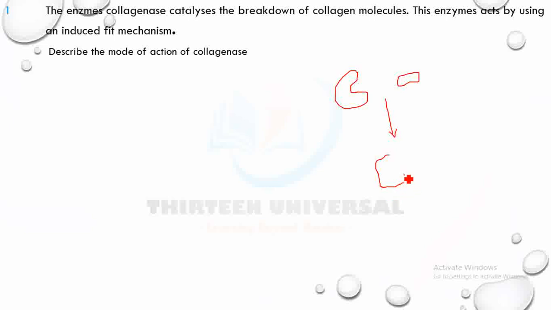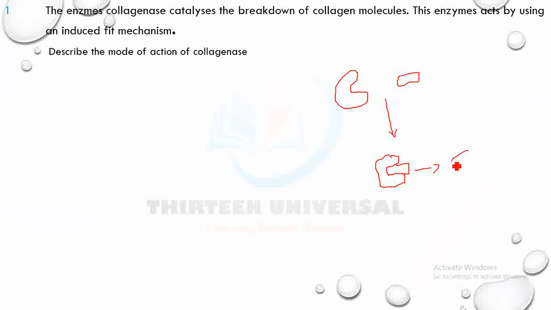So the enzyme active site molds around the substrate to allow it to fit in perfectly. So you see, it moves around the substrate. This is to form the enzyme substrate complex.